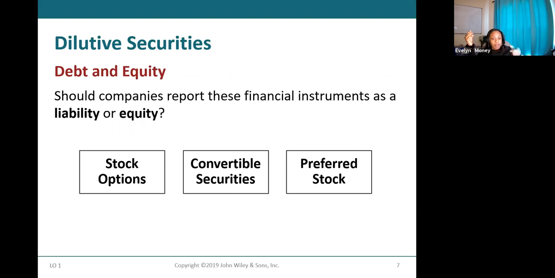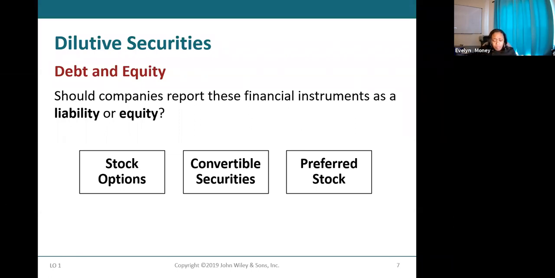And if I hold an option that allows me to purchase shares of Apple at $10 per share, when everybody else has to pay $147 per share, I can cash in that option and immediately turn around and sell the stock. And I paid 10 for it, but when I sell it, I get 147 per share. So I immediately make money on it.